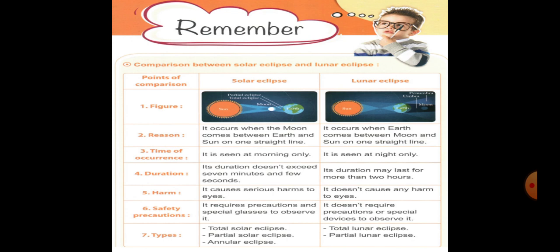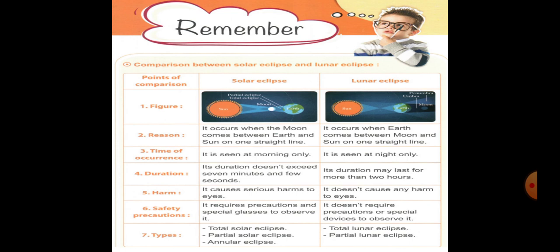When Earth, moon and Sun are on one straight line, and the Earth is in the middle between moon and Sun. What about the time of occurrence? Solar eclipse is seen in the morning only. Lunar eclipse is seen at night only. What about the duration? Solar eclipse duration doesn't exceed 7 minutes and a few seconds, while the lunar eclipse duration may last for more than 2 hours.